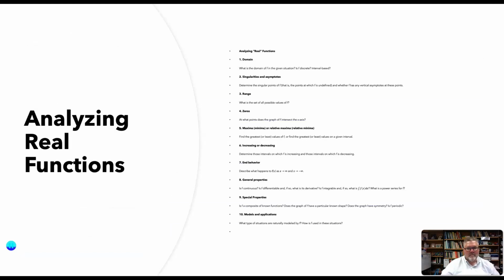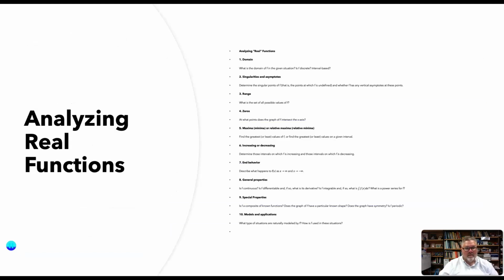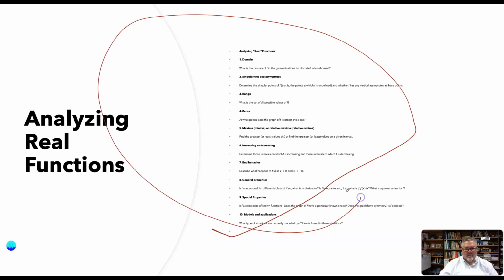Fill them in. Now, one of the reasons I'm having you fill in these functions is because a major chunk of the high school curriculum is focused on analyzing these functions that have real numbers as their domain and range.